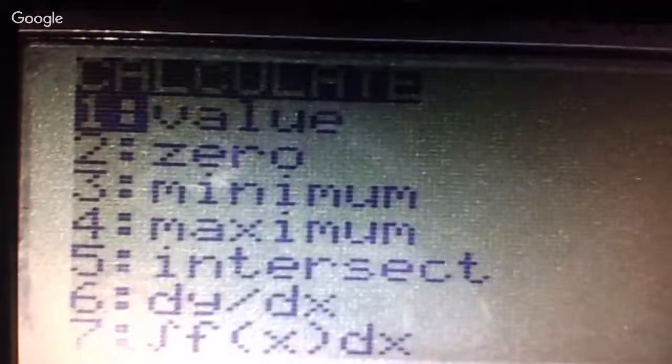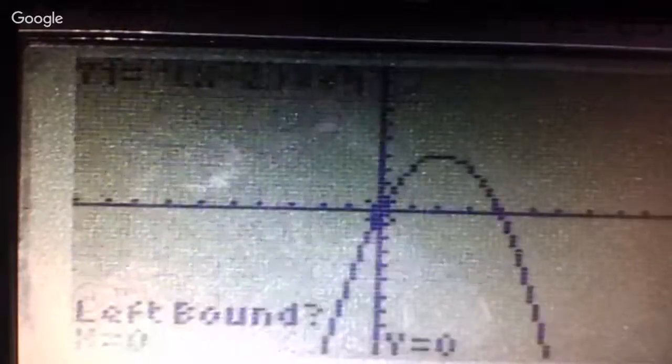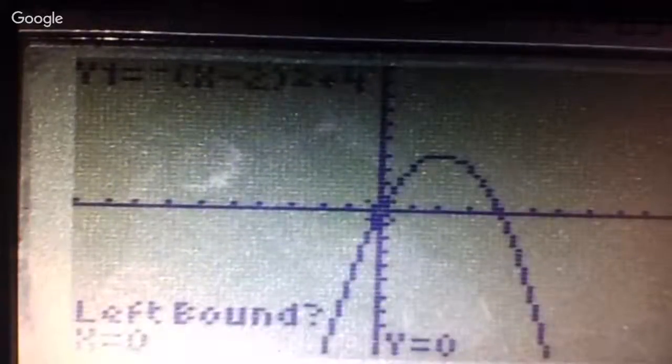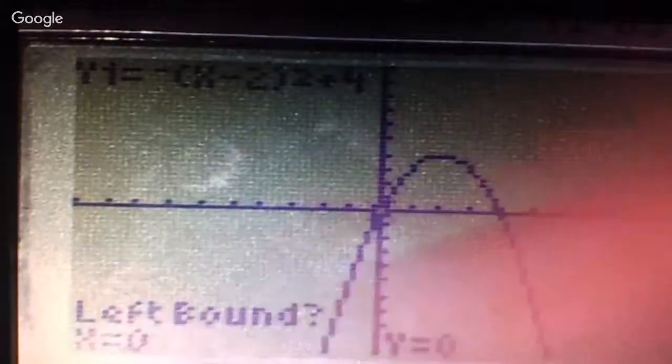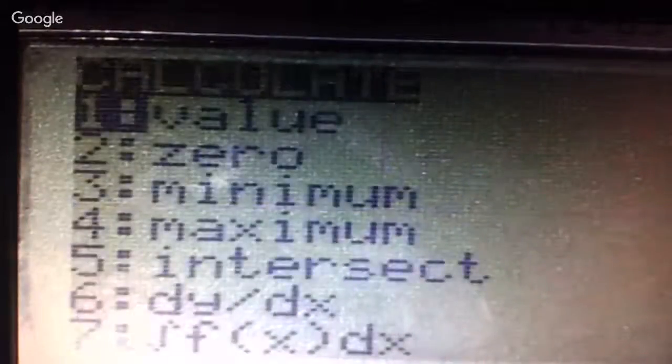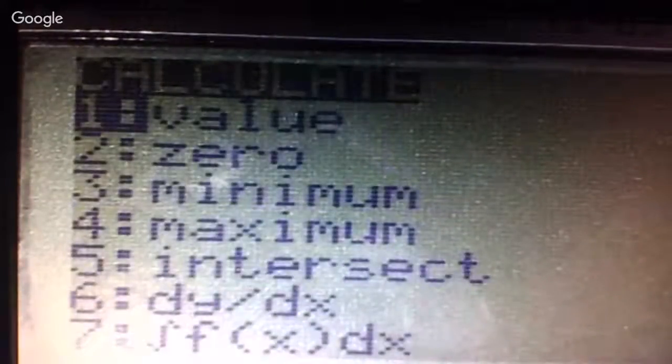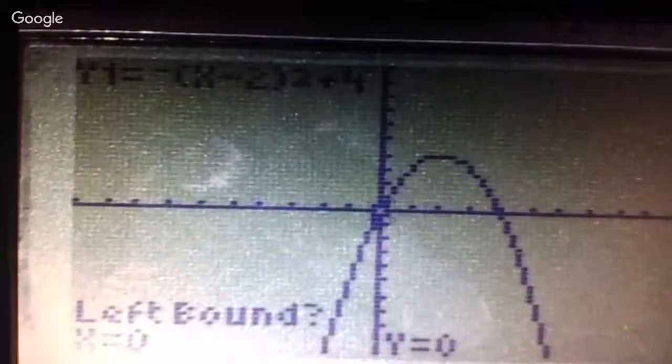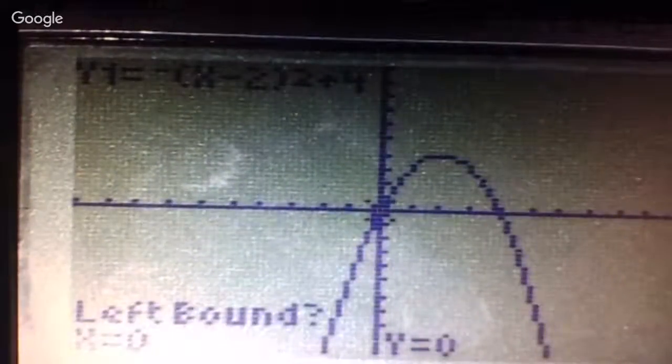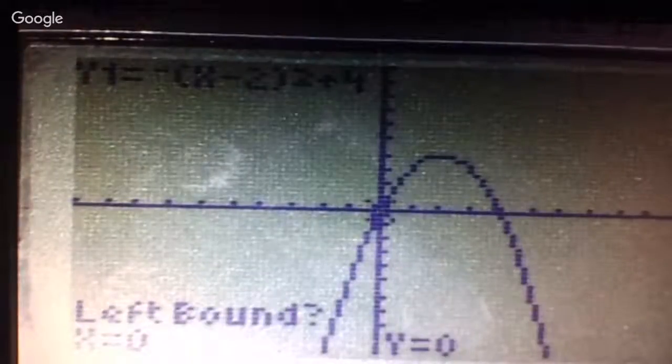Your roots. Second trace. It's the same thing as a 0, so I want that. Second trace, and you want 0. So choice number 2. Okay. Well, I'm as close to that 0 as I'm going to get right now.